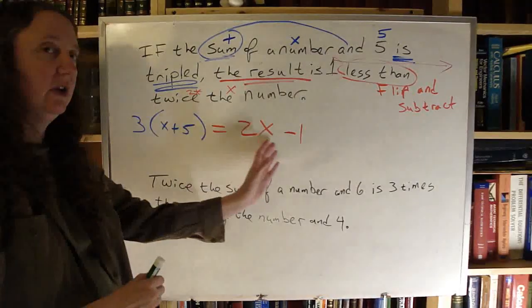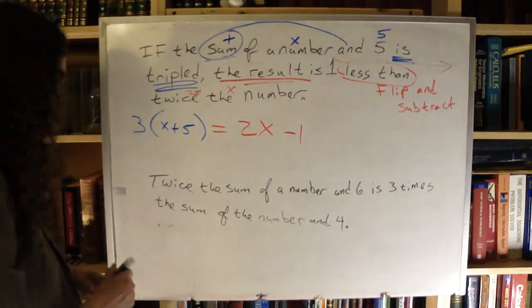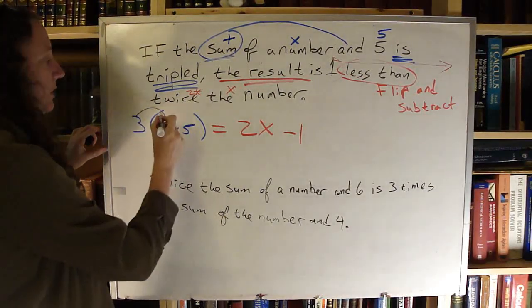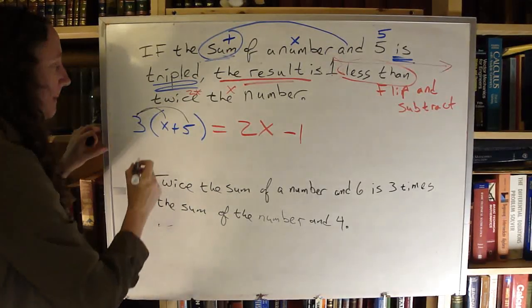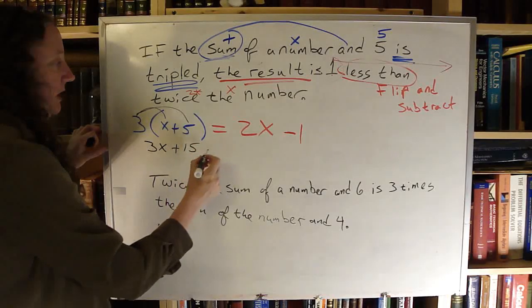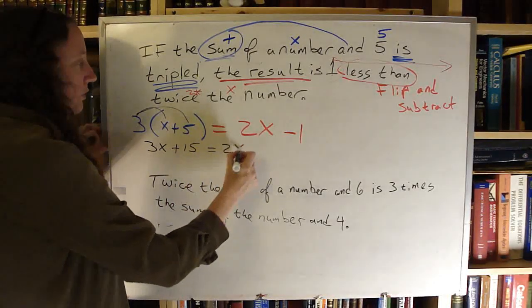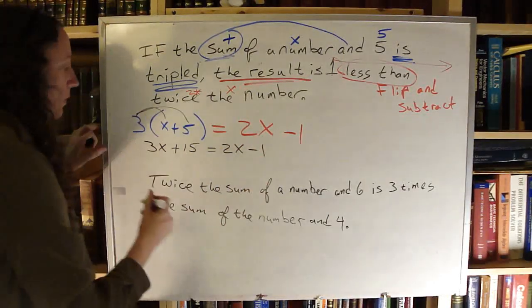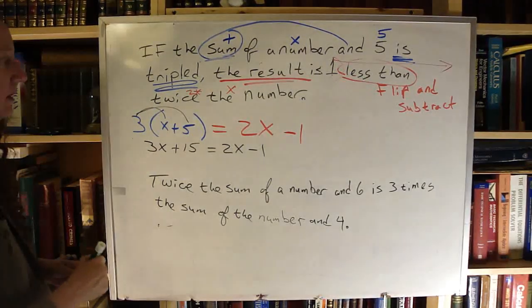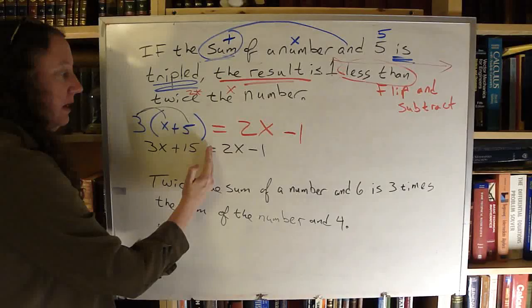Now that I have my translation, I can solve it. So I'm going to distribute the 3 in there. Gives me 3x plus 15 equals 2x minus 1. I have my equal sign.